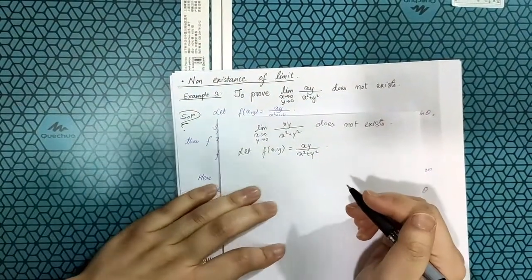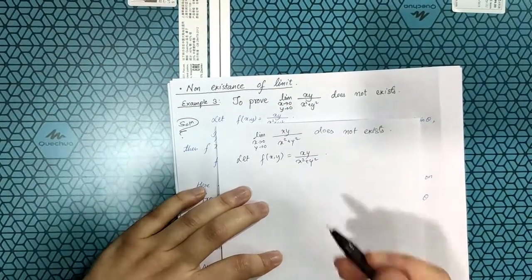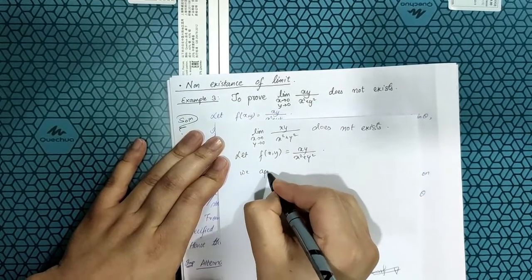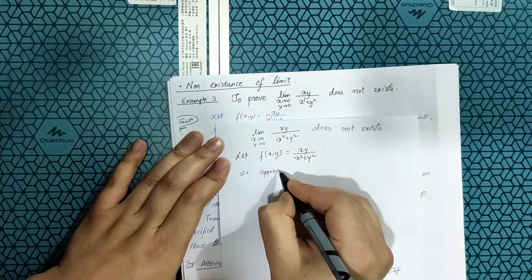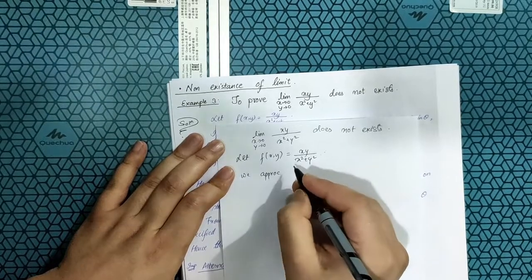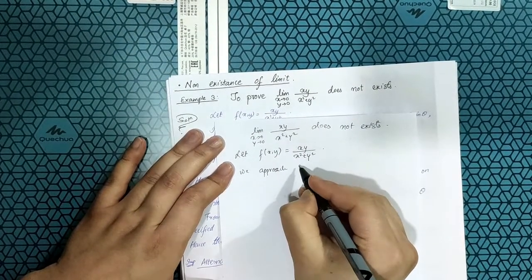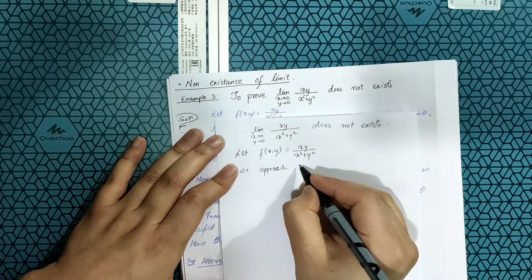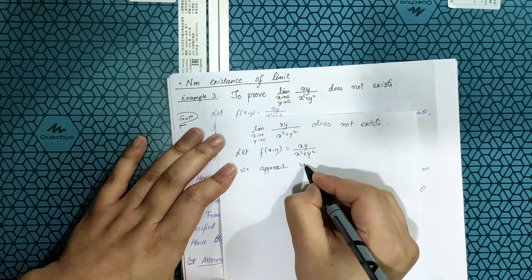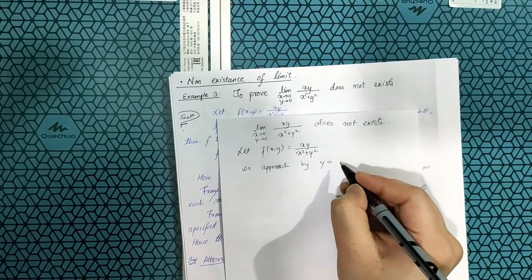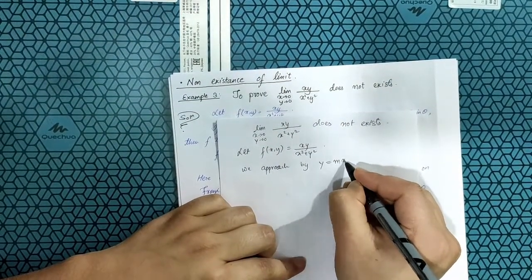So we have a simple method. What we do is we approach the origin along y is equal to mx.